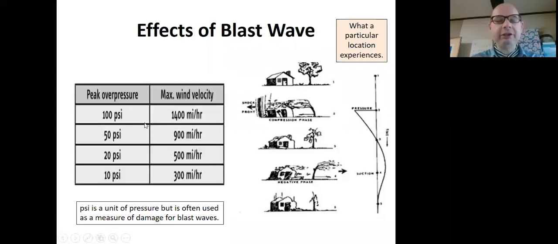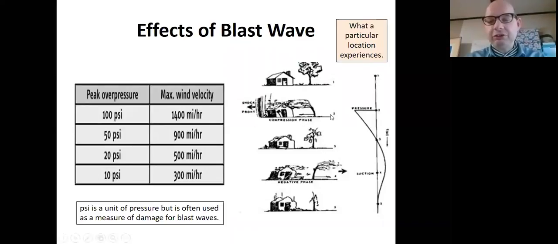The two effects of this blast wave, I'll talk about briefly, are an overpressure, so an increase in local pressure, and then a very strong wind. Whenever you have a large explosion, you get this kind of wind that travels out. That's the blast wave that comes out.